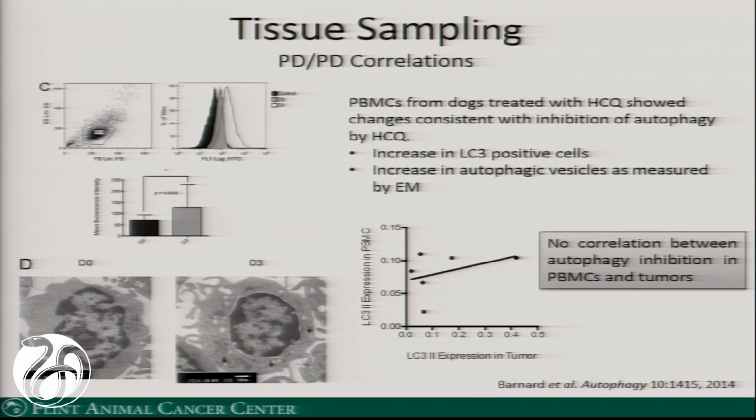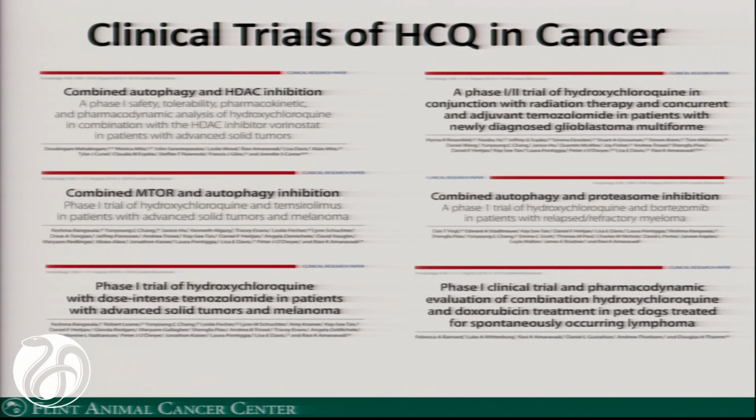We also saw no correlation between autophagy inhibition in PBMCs and in the tumors. So that disconnect between plasma levels and tumor levels also carried over to the biomarkers: when we looked at autophagy inhibition in the tumors, it didn't correlate to what we were measuring in the PBMCs. This is highly problematic because that again tells you that your biomarker is not driving the presumed effects you might see. And that was, again, relatively informative to a lot of these trials.